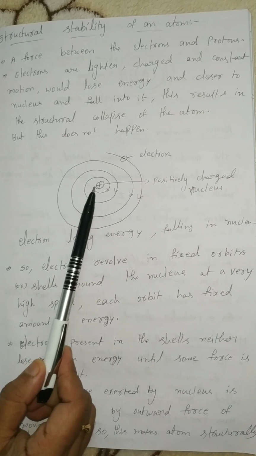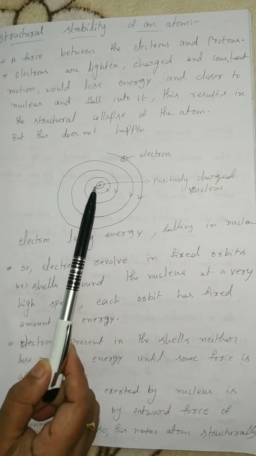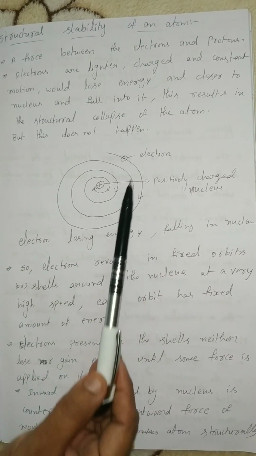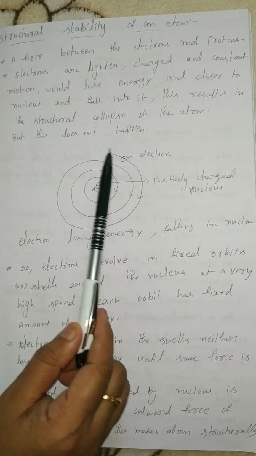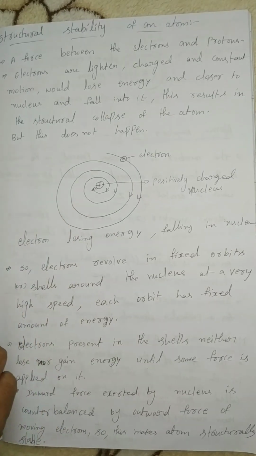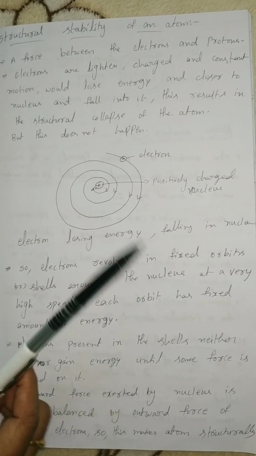This is the nucleus. In the nucleus, positively charged protons and neutrons are present. The electrons are revolving around the nucleus, with a force between the electrons and protons.